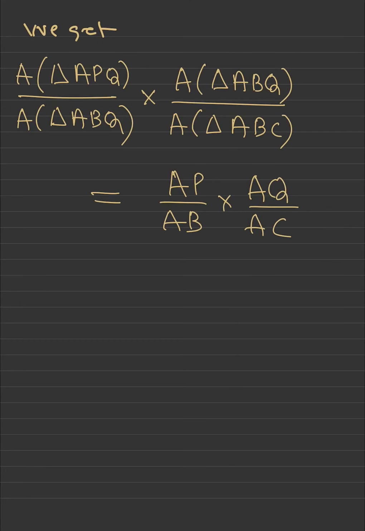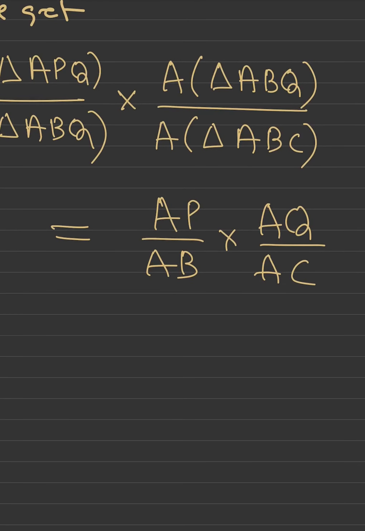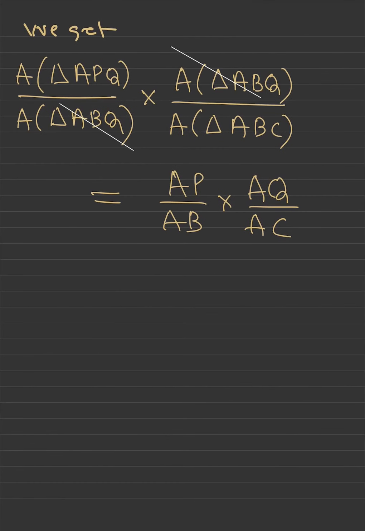Fine. Now here when you see the left hand side, you will find that ABQ and ABQ get cancelled from both the sides, right? And what is left over now after they cancel?